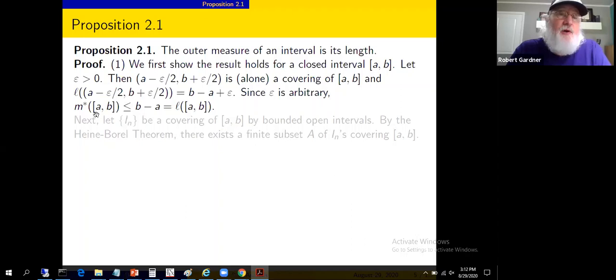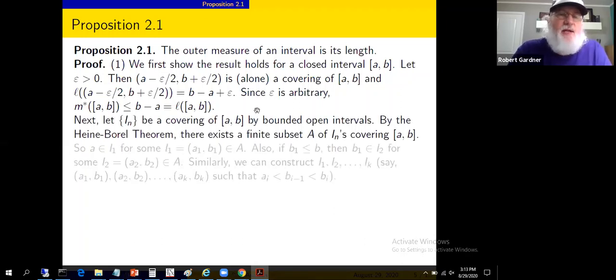Remember, we're trying to show the outer measure equals the length. This argument with the arbitrary epsilon tells us outer measure is less than or equal to length of the interval. We need to reverse that inequality. A standard epsilon argument based on the definition of outer measure shows half of the desired equality in the setting of the closed and bounded interval [a, b].